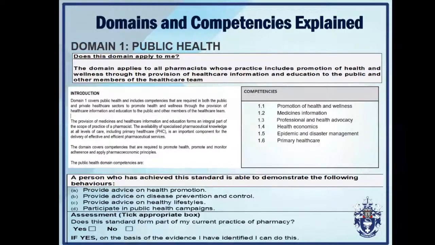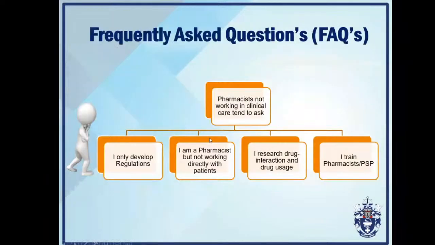We do have what we call a personal development plan in the guidance document. So if you need to plan what CPD activities you would like to do for the year, you can use that plan as your guidance. It will guide you on which domains apply to you or which domains are just of your interest. Then you can select which ones you are going to do and how you are going to learn.